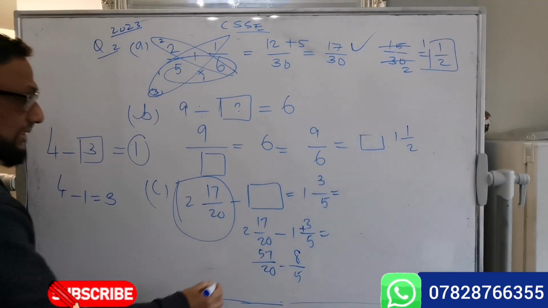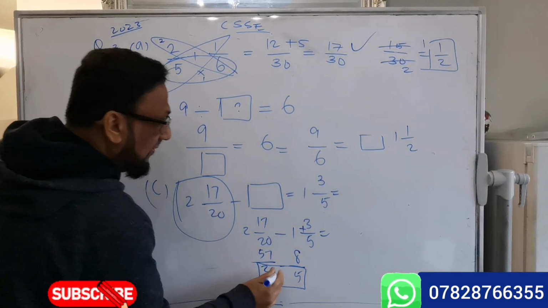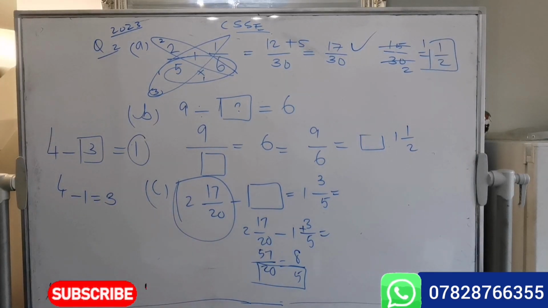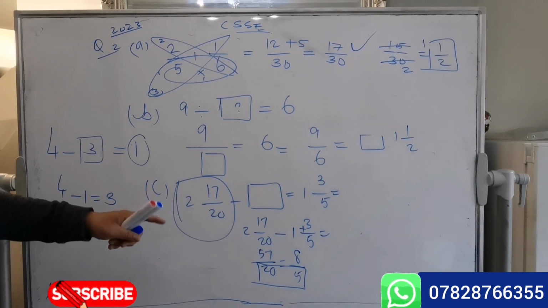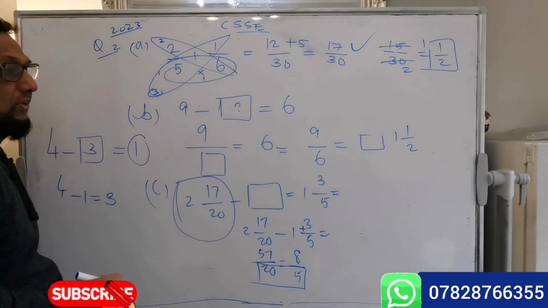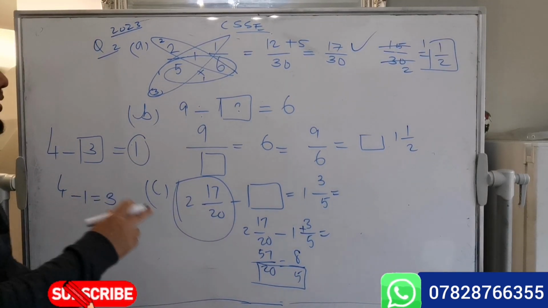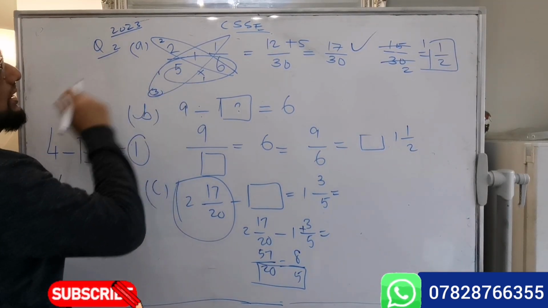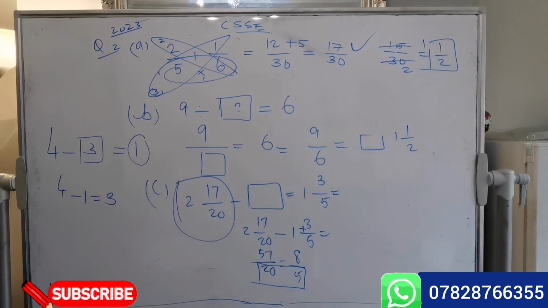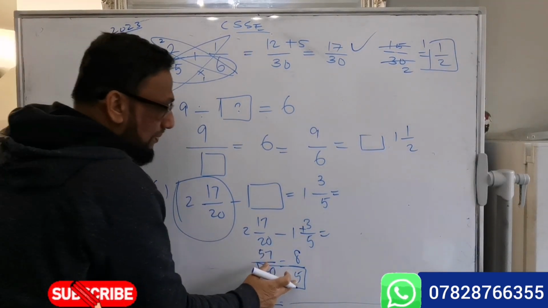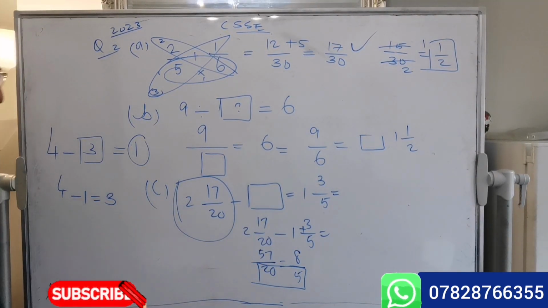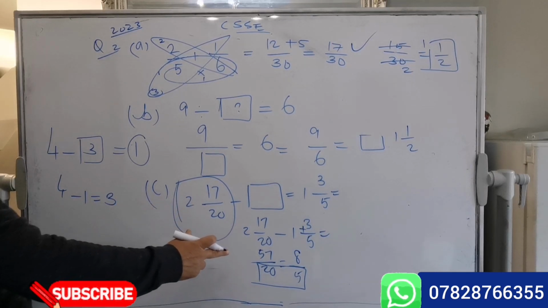Look at this one again. 20 and 5 are common multiples. If they are common multiples, check my video where I explain how to work out the common multiples. You are not going to use this method of multiplying the two denominators. Simply make the second fraction to 20 because they are multiples.